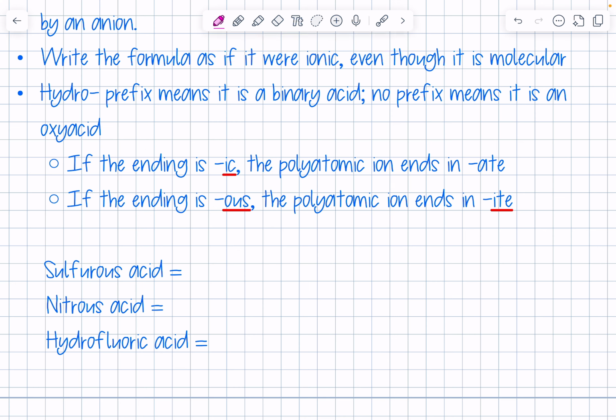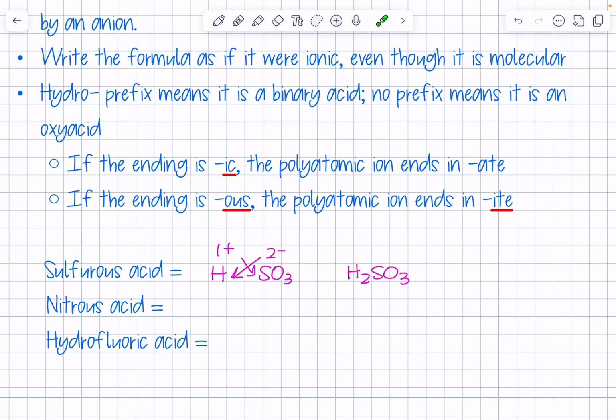So OUS tells us that it's going to be ITE, so sulfite. So we'll have hydrogens, sulfite, and then we have to do the switcheroo in order to get our subscripts. So H2SO3.